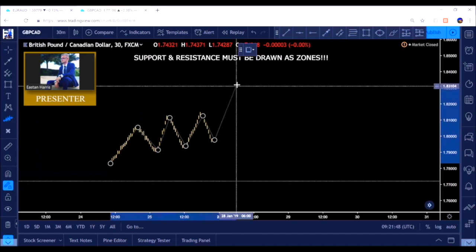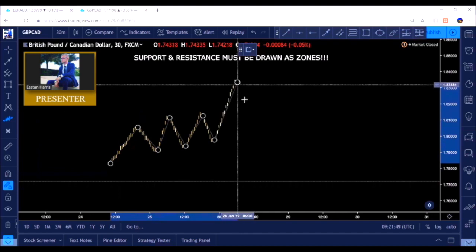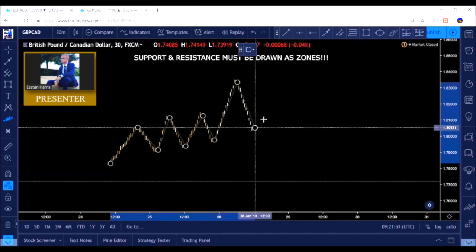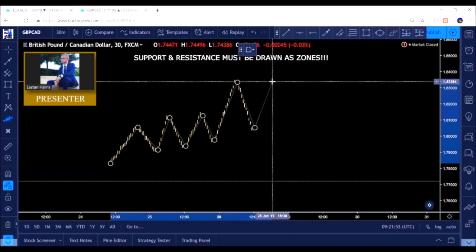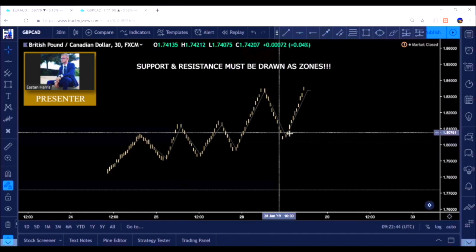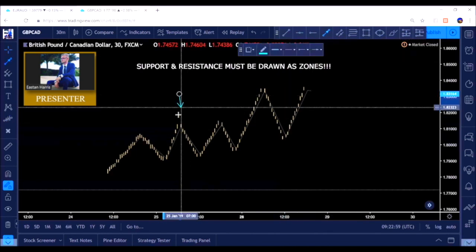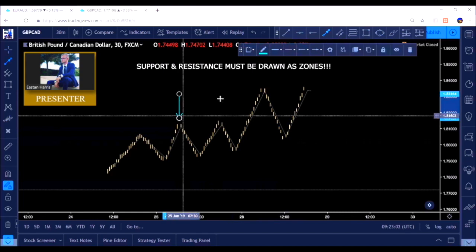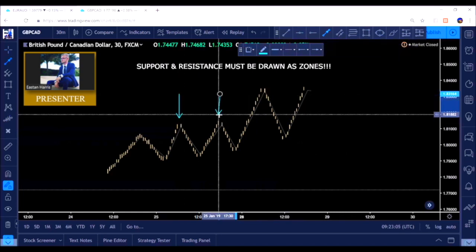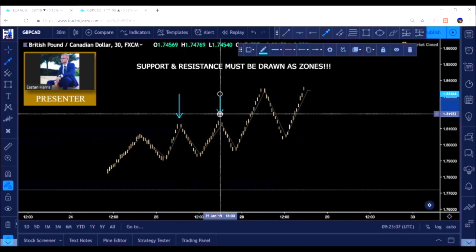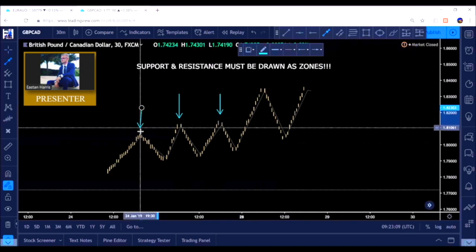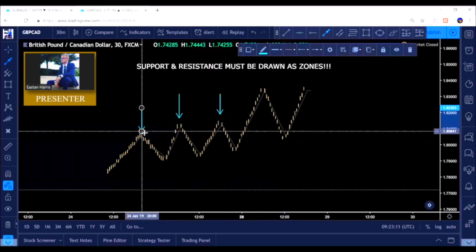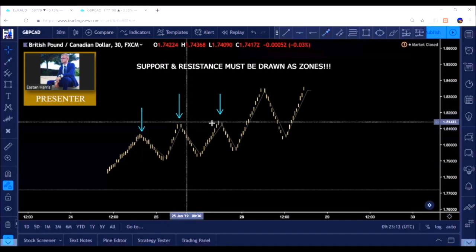I'm drawing out this example right now, and we're just going to take a look at how this played out. Now, if we want to put a resistance here, here are our reaction points to a resistance. Okay, we can tell by these reaction points that there's a resistance in this area.